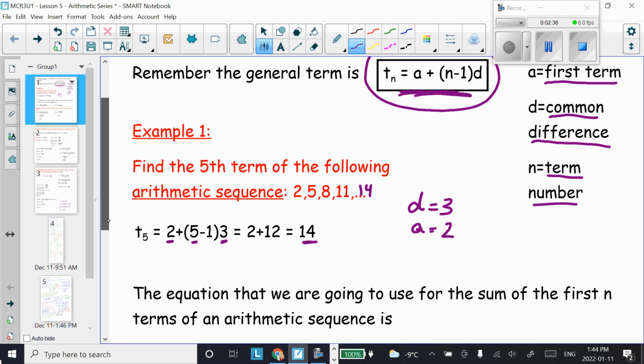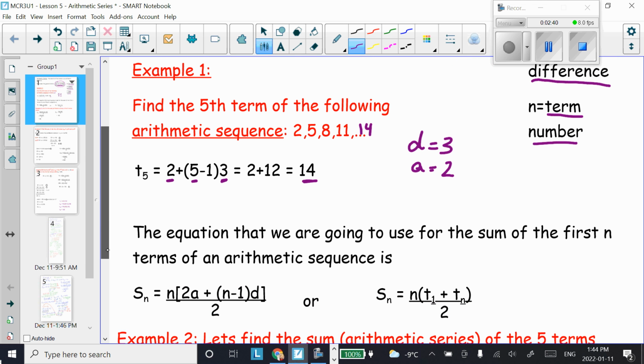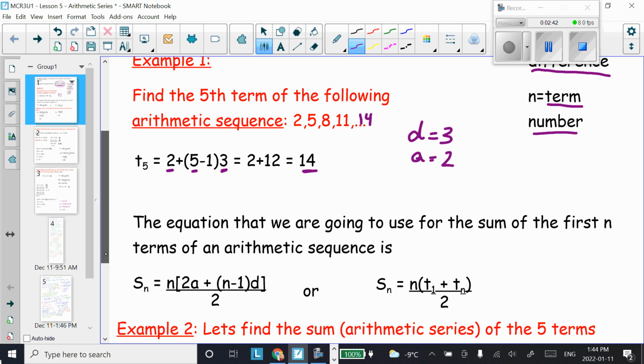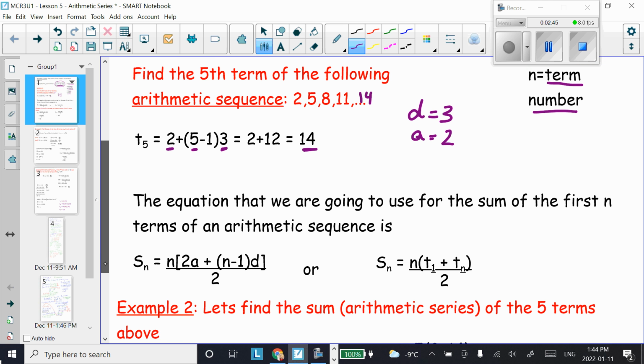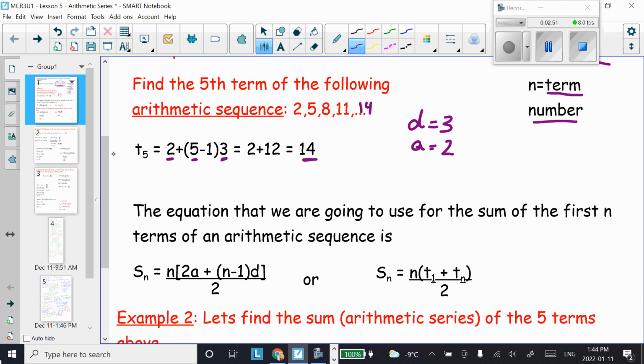Now I want to use an equation for the sum, for the series, to find the sum of the first 5 terms. Again, I picked a really easy example because you could just add them together, right? 2 plus 5 plus 8 plus 11 plus 14 to get your answer.